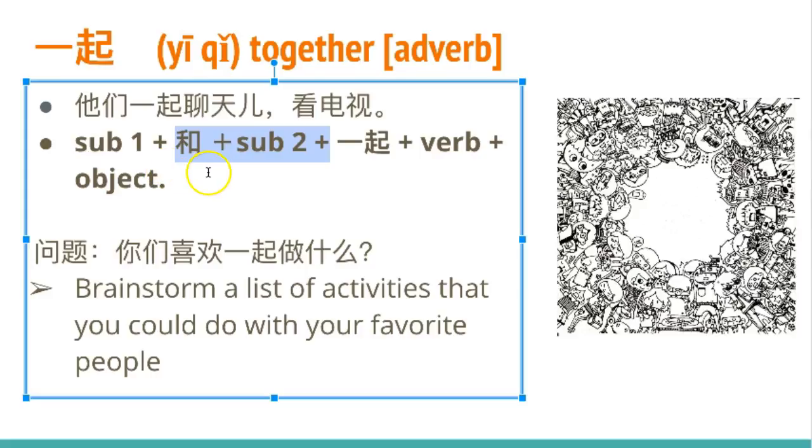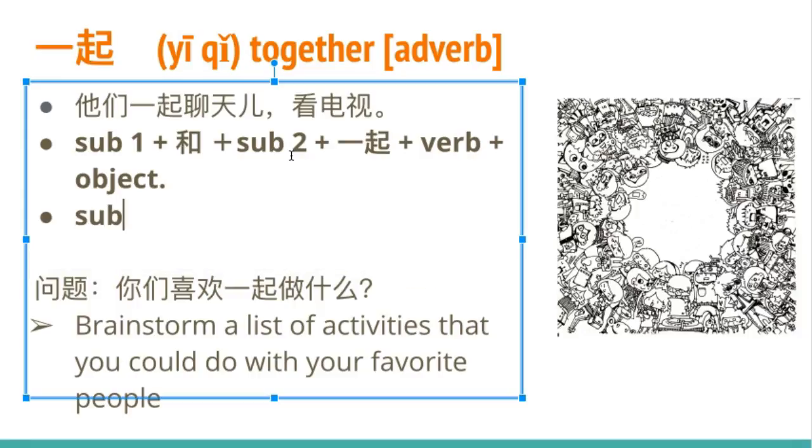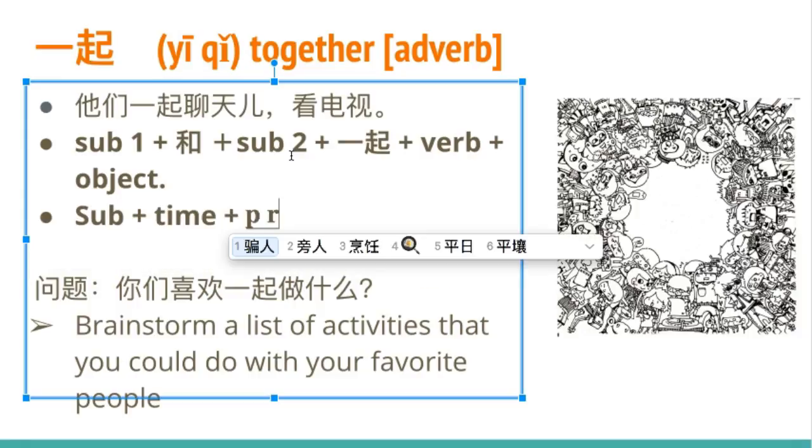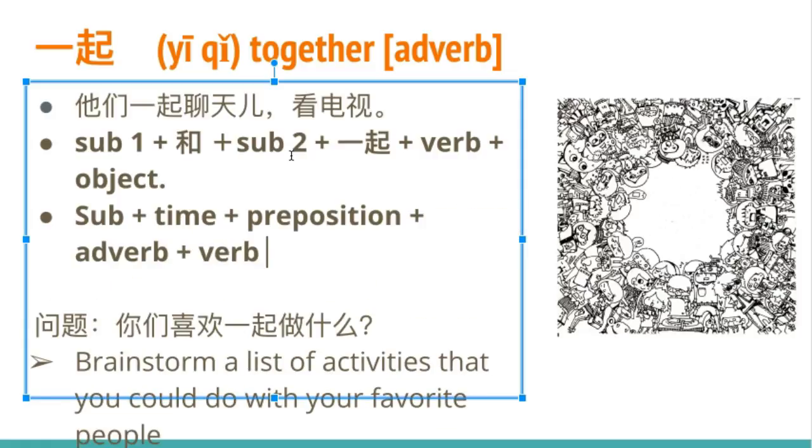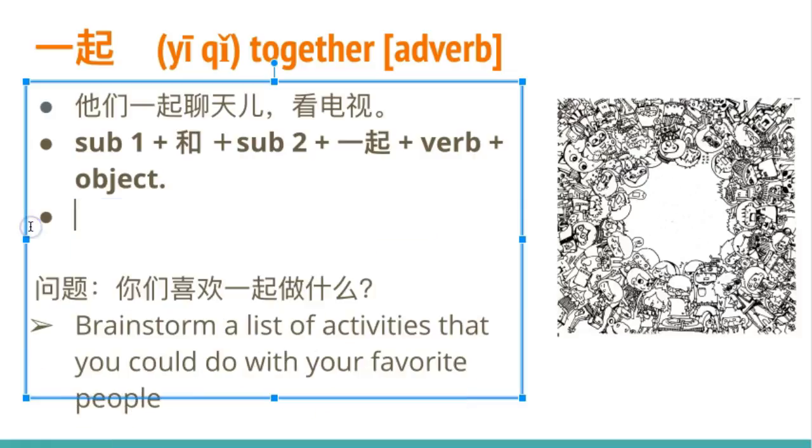It's subject plus time plus prepositional phrase plus adverb plus verb plus object. Right? So I could say, 我8点和我的妈妈一起聊天, something like that. All right.